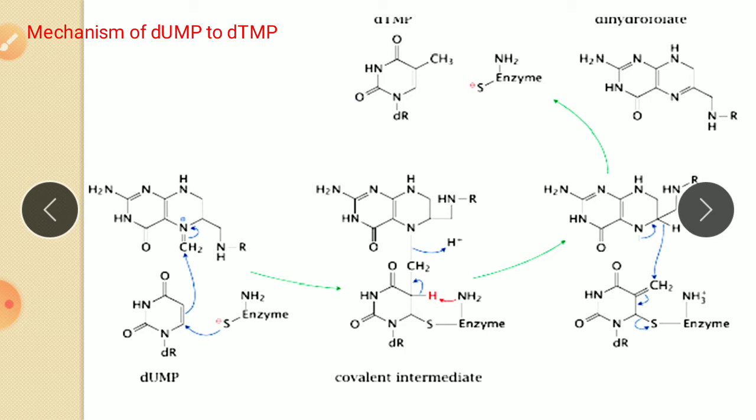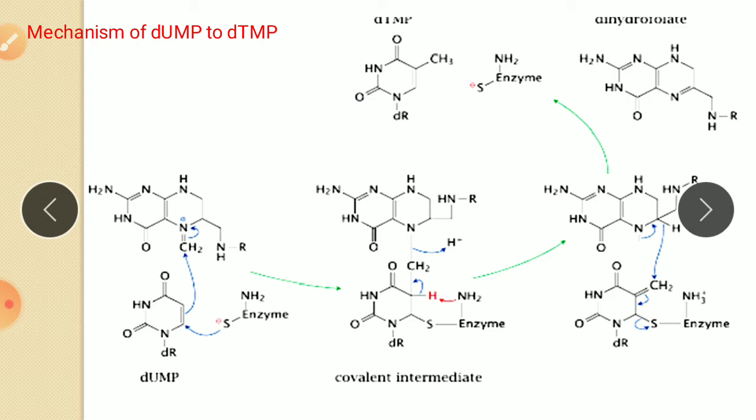So again the mechanism repeats. The first step is S minus attacking this ring carbon, and the pi bond attacks this CH2, then this pi bond breaks and the charge is neutralized. In the second step, hydrogen is removed from here and shifted to here, becoming a double bond CH2, then the nitrogen-carbon bond breaks and it becomes N minus.